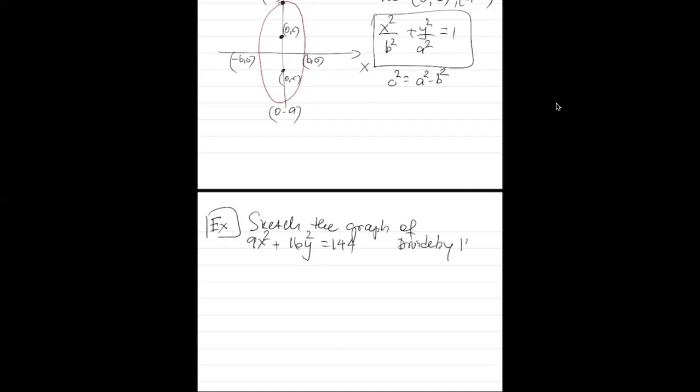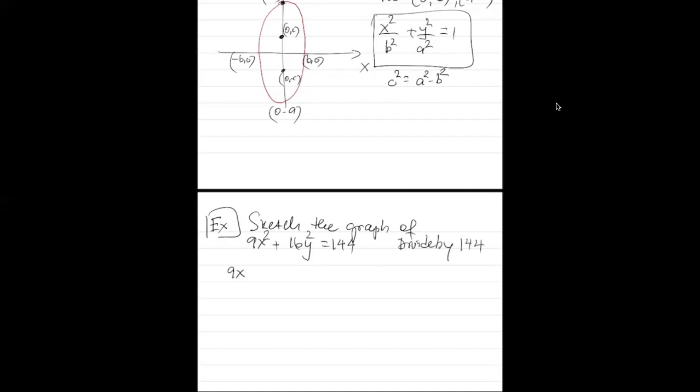Example, sketch the graph of 9x squared plus 16y squared equals 144. That equation does not look like any of our equations, so we are going to divide by 144 because we want to have 1 on the right side.